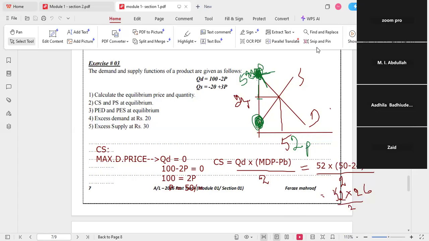So we got the consumer surplus. After finding the consumer surplus, I hope you all are writing the answers, right?